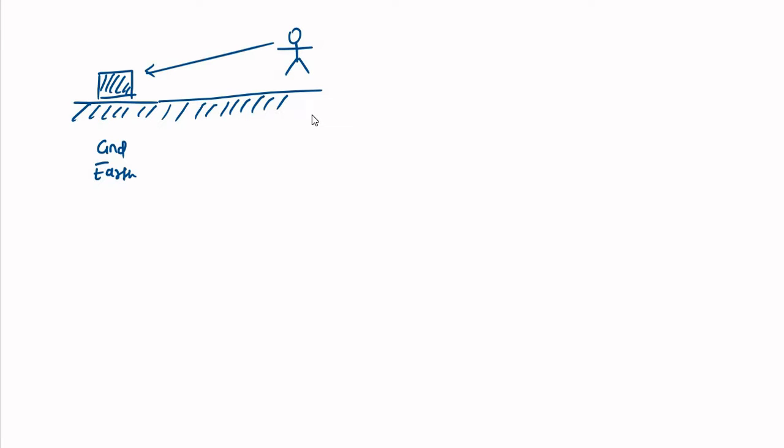As both the person and the box are located on the same ground, earth, the same frame of reference, both are at rest. This is the object, and for this example, let's say this is the reference point. So this is the concept of absolute rest in the situation where there is the person and the box.